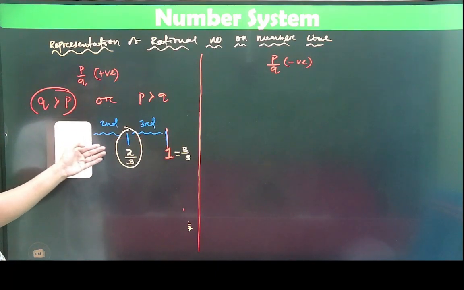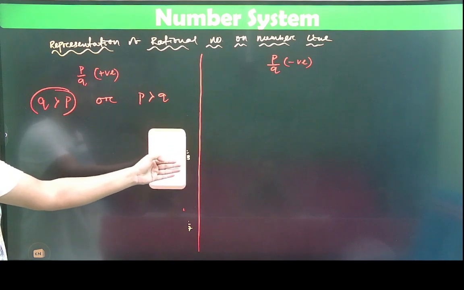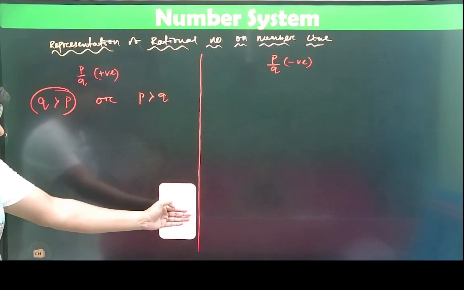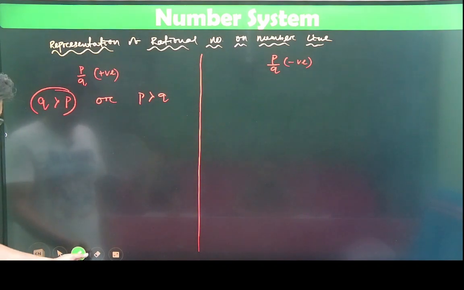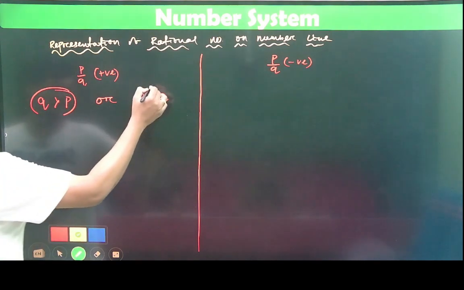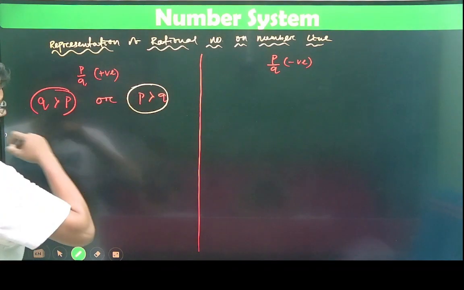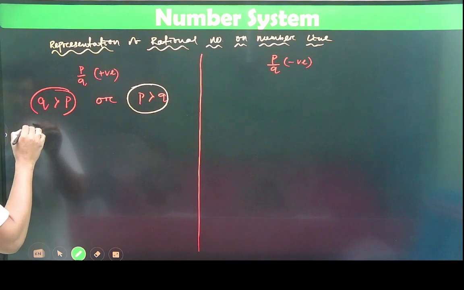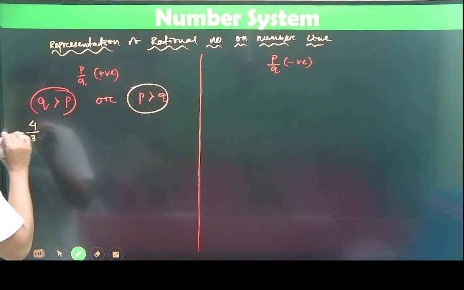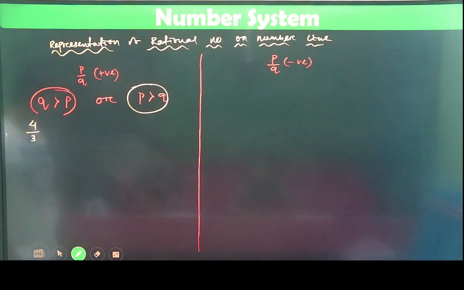Let us discuss when P is greater than Q. For an example, if I'm taking 4 by 3, here P is greater than Q.